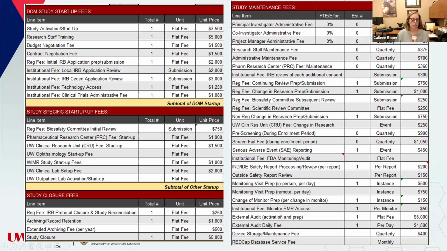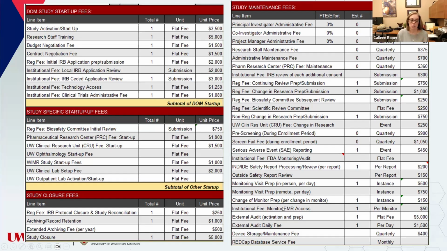On our site fees, we have a REDCap database service fee. We actually already have that in because DOM at one point in time had their own instance of REDCap. When our developers would do development for a project, or if we knew that we were going to have a lot of data and a lot of maintenance that was going to require input from our REDCap team, we would build some of those costs in.